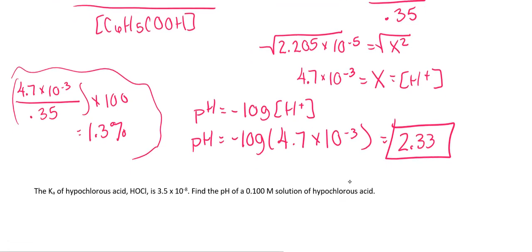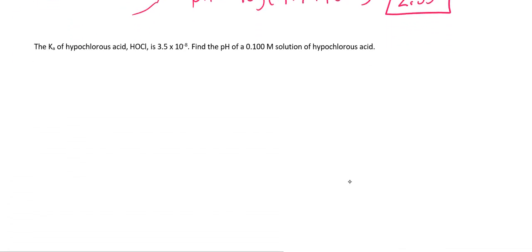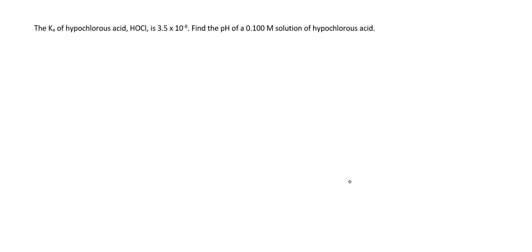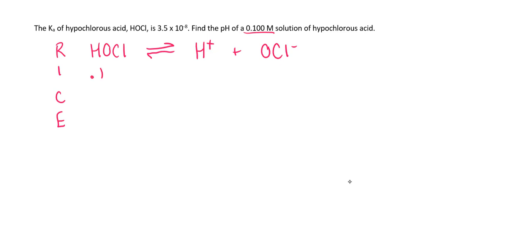Last one more problem where we are solving for pH. So for this first step where we're doing the reaction, all that I'm doing is pulling off one of those acidic hydrogens. The initial concentration is given. This is a 0.100 molar solution.